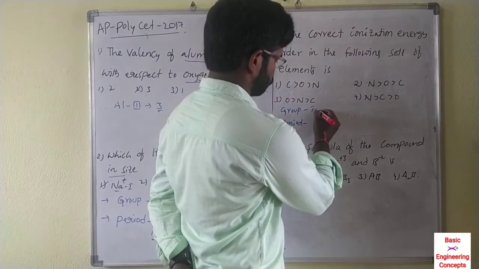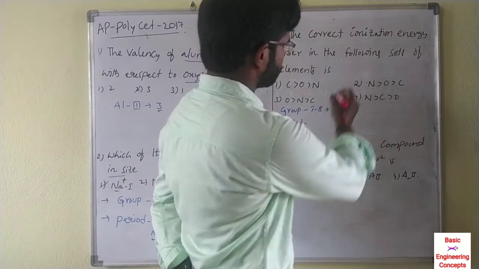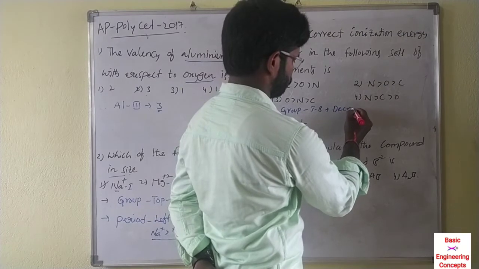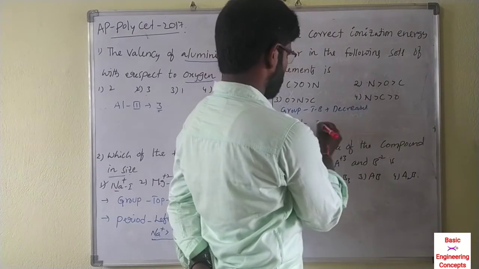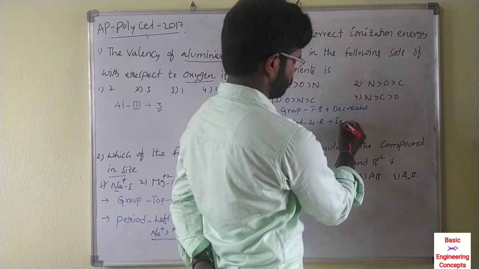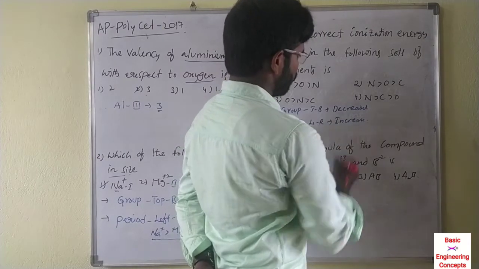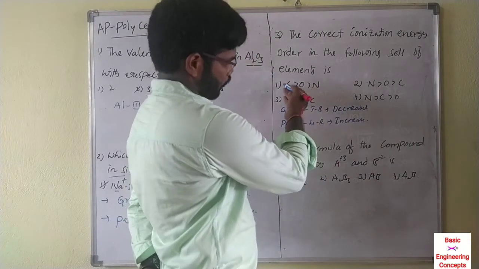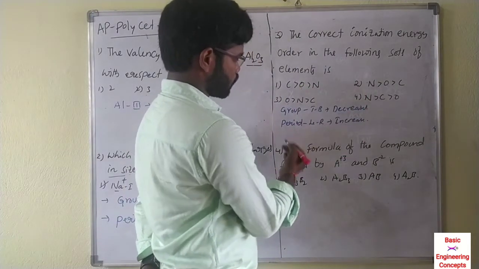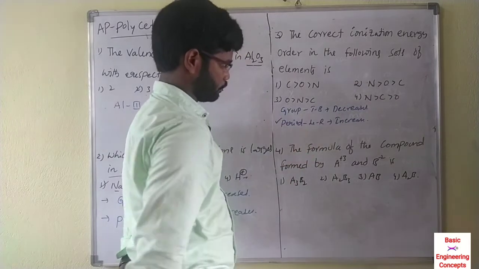From top to bottom, ionization energy decreases. In a period, from left to right, it increases. Here every option has elements of different groups, which is why we consider the period.